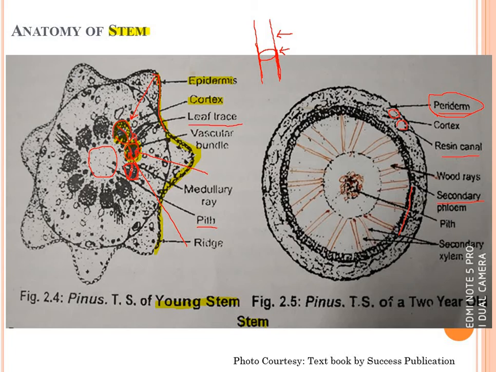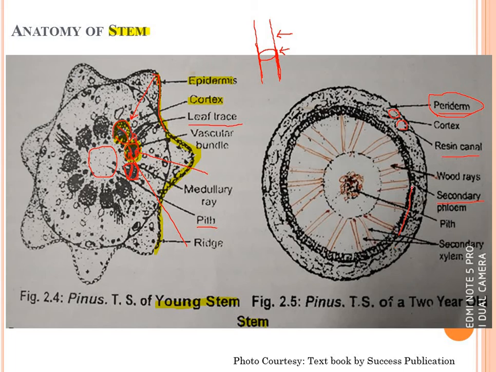Primary xylem is formed toward the inside, whereas primary phloem is formed toward the outside of the cambium. Actually this cambium has meristematic activity, due to which it adds some cells toward the inside as well as toward the outside. This forms primary xylem and primary phloem, and after that in the old stem it forms secondary xylem toward the inside and secondary phloem toward the outside.